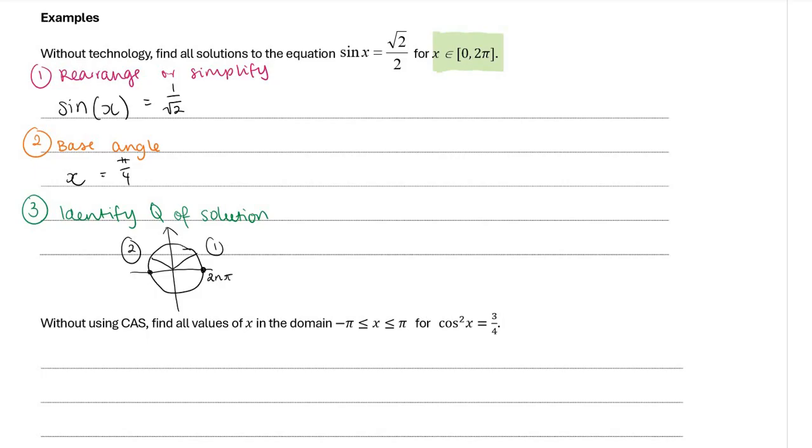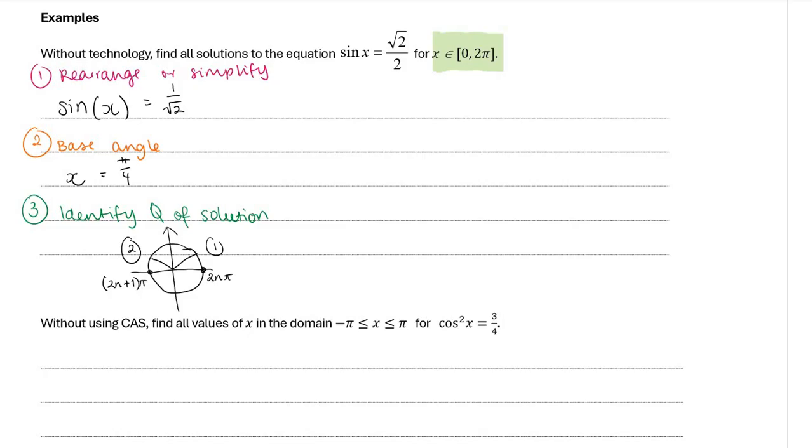Now, same on the left-hand side here. We know that's all of our odd pi's, which is going to be the same as writing 2n plus 1 pi. Okay, and then hopefully you can see here that we're either adding or subtracting an angle from either of those. So by identifying the quadrant of our solutions, we can identify two of what we call general solutions.